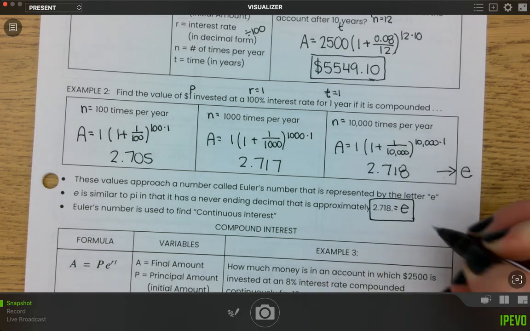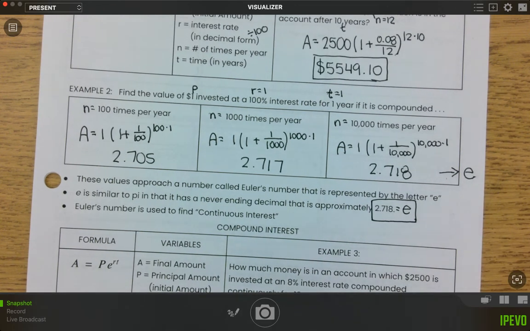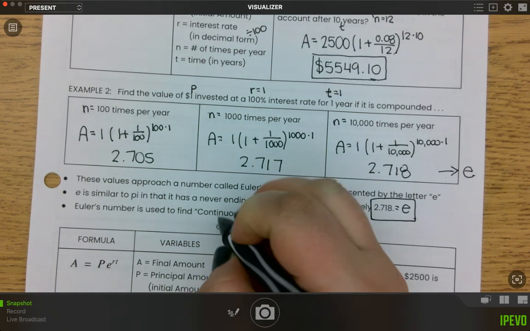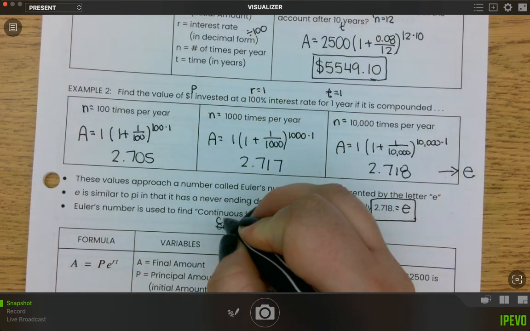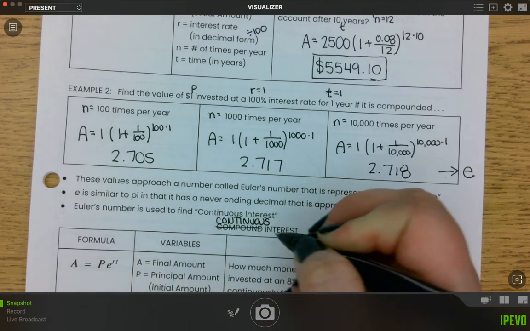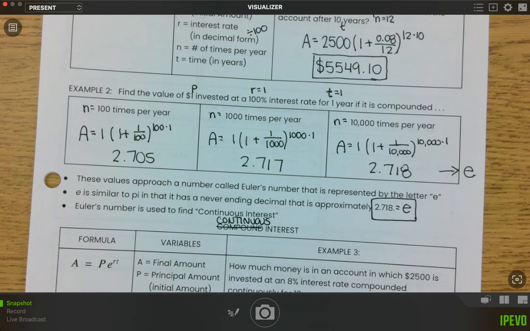And the whole point of doing this is to show you what happens as we find something called continuous interest, which, by the way, is what this word right here should say. What continuous interest means is that something is gaining interest every second of every minute, of every hour, of every day, of every year.